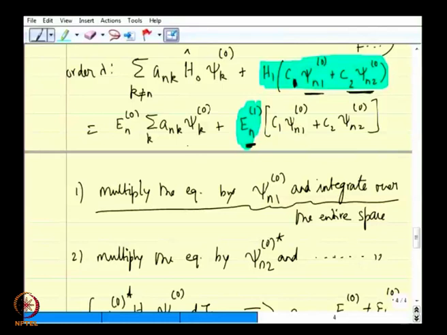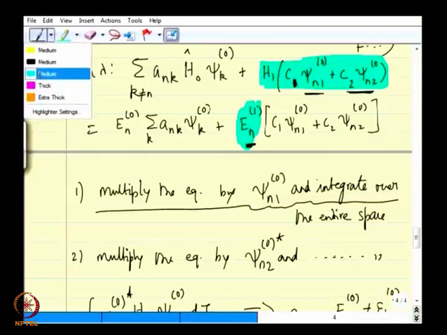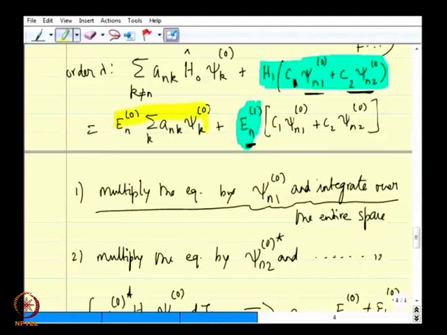Again, it is very clear that the first term on the right hand side, namely En 0, An k psi k 0, when it is multiplied with psi n1 0 star and integrated, you are taking the scalar product of two wave functions corresponding to two different eigenvalues, therefore that is 0.